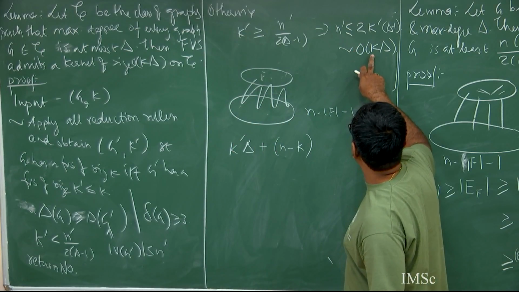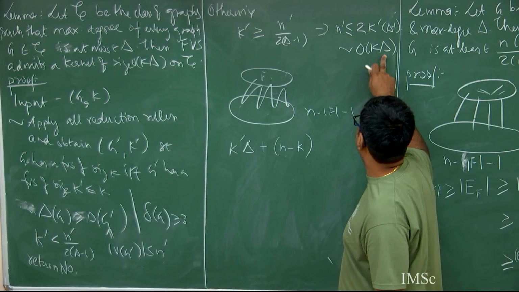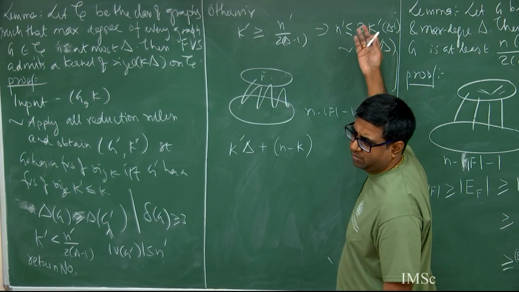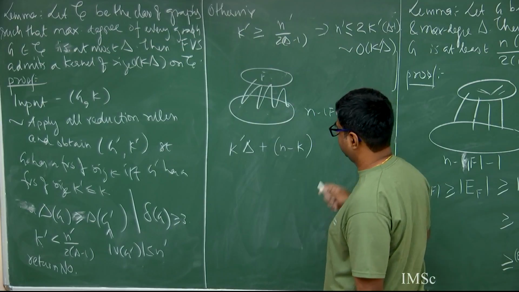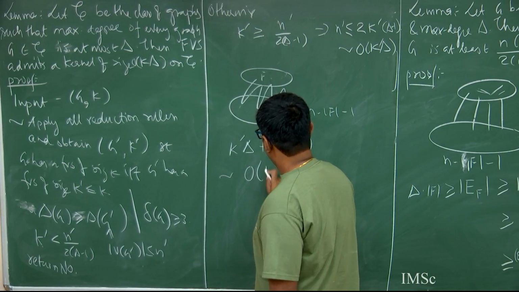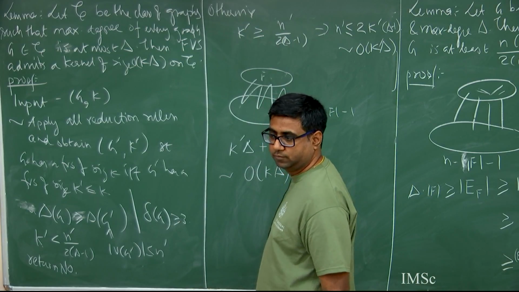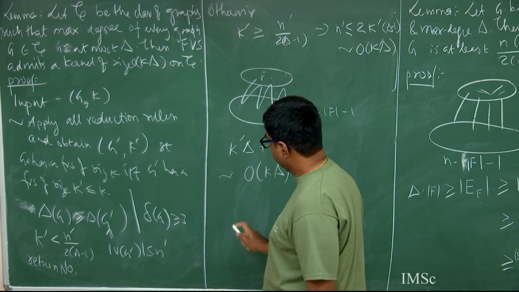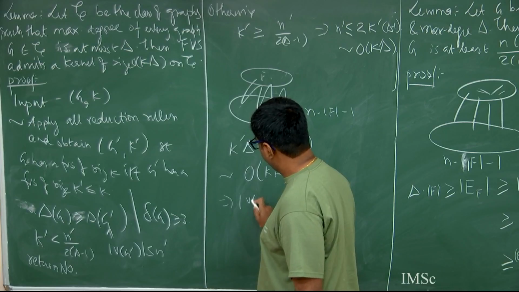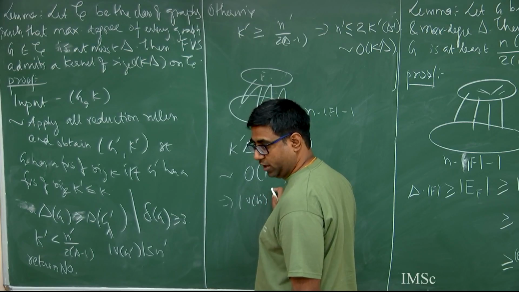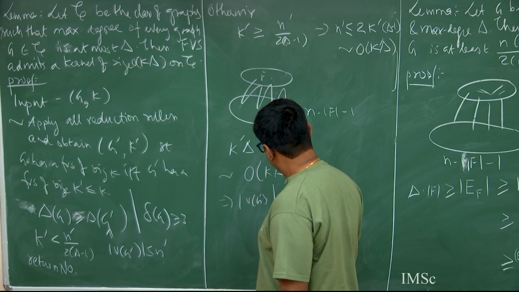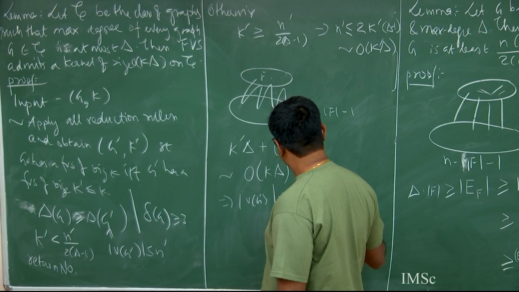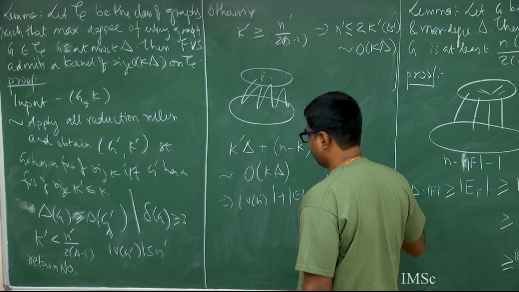It is again bounded by some K delta, or K prime delta. K is more than K prime, so this is fine. So this is order K delta. Just substitute n equal to this. It means we have shown that the size of E of G prime is bounded by order K delta.